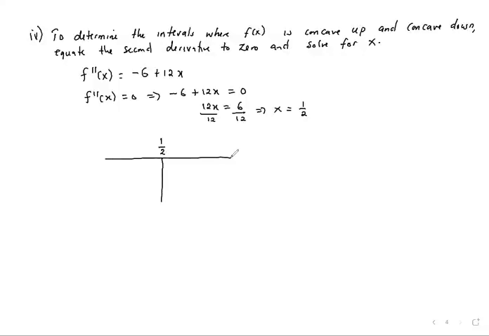So you pick a number less than 1/2, say 0, or you pick a number bigger than 1/2, say 1. With these numbers, you are testing the second derivative, f prime prime of x. You want to check the sign.